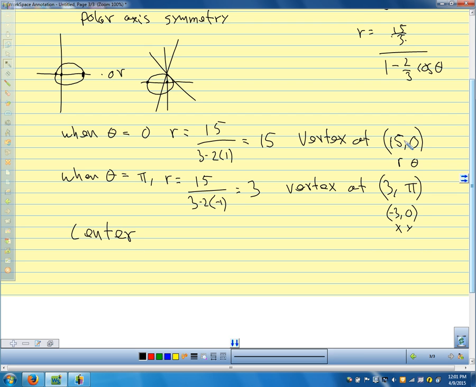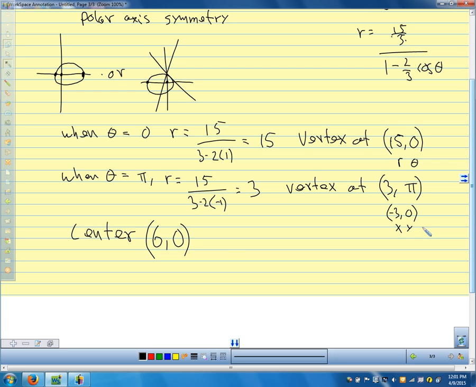What's halfway between 15, 0 and negative 3, 0? 9, 0? 6, 0, right? So this point in polar coordinates is 3, pi, but we can think of it as 3 units to the left of the origin.